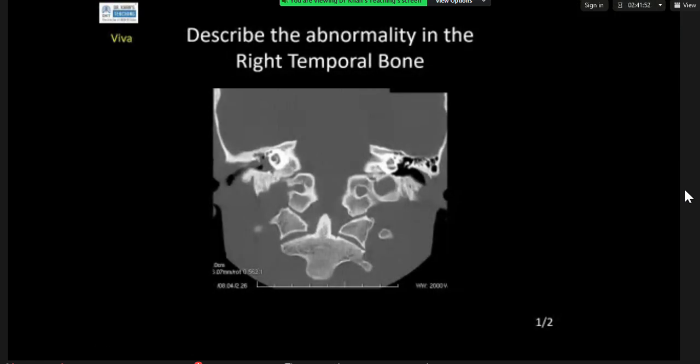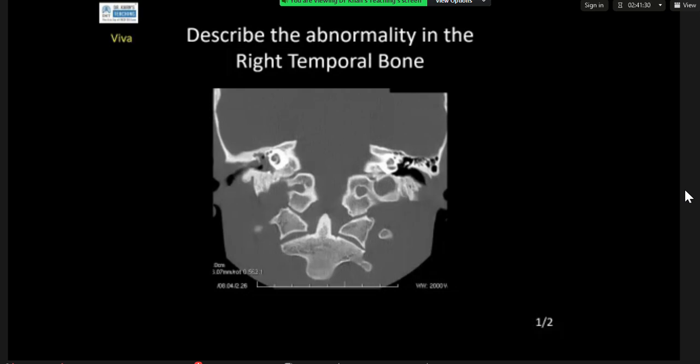Okay. There is opacification of the inner ear space. I could not appreciate the ossicles as I can see them on the left side. There is erosion of the scutum.